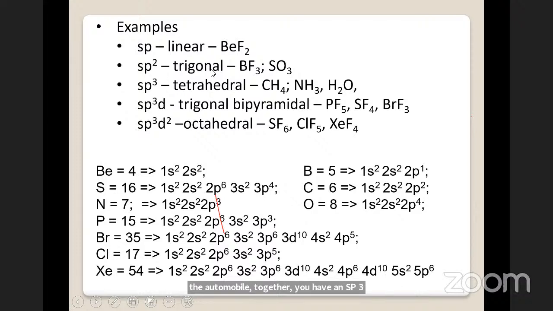That sp3 hybridization, instead of having the characteristics of S orbital alone or the characteristics of P orbital alone, now has the characteristics of this is Px, Py, Pz. It now has the characteristics of a hybridized orbital that is tetrahedral. So you have 1, 2, 3, 4.